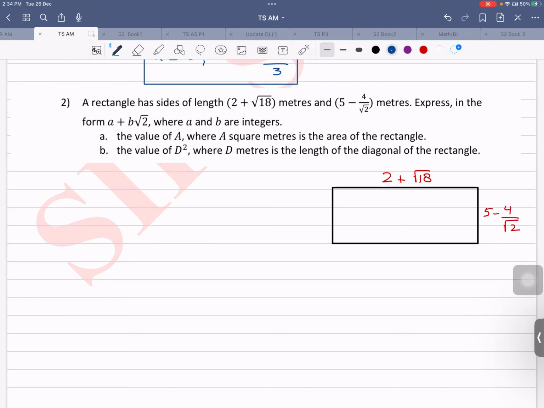Part A, what are we finding? We're just finding the area of the rectangle.